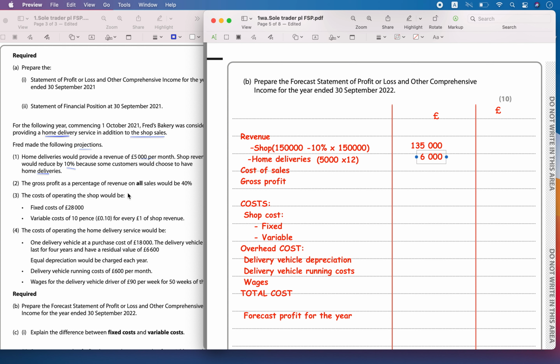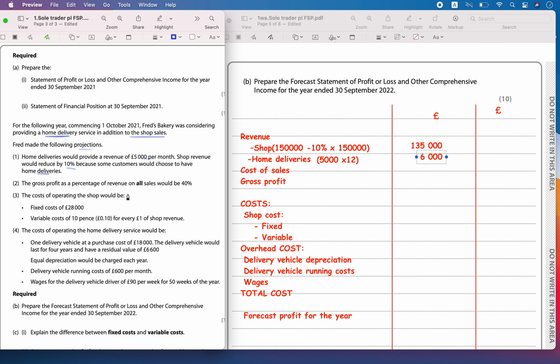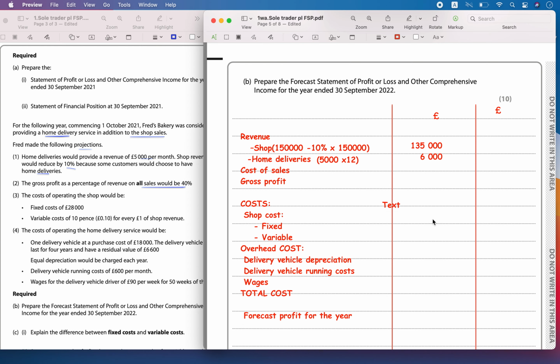Then revenue and cost of sales. The gross profit as a percentage of revenue of all the sales would be 40%.